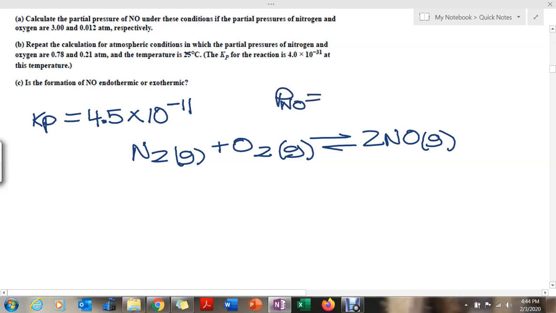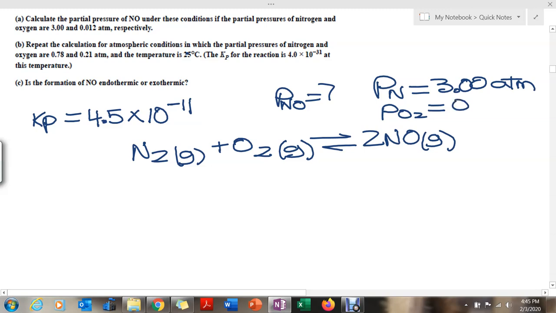under this condition, if the partial pressure of nitrogen is 3.0 atmosphere, and the partial pressure of oxygen is 0.012 atmosphere.